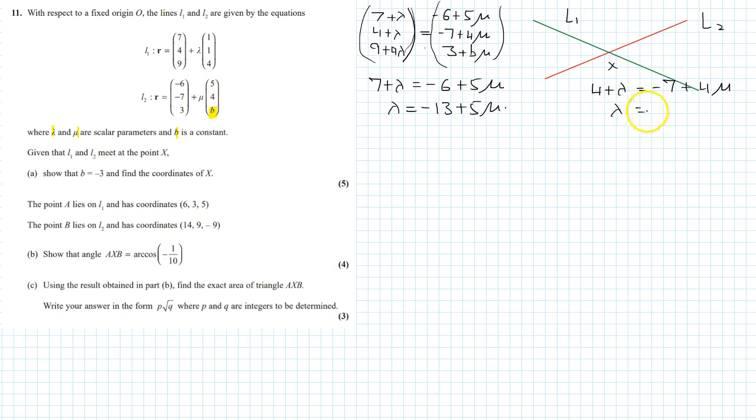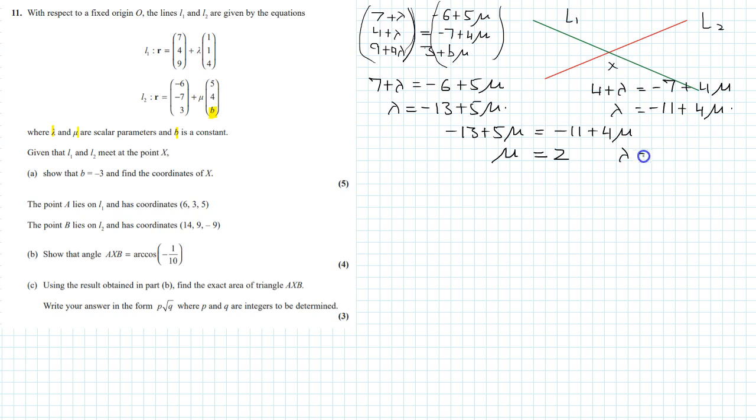So lambda will be -7 and -4 is -11 plus 4 mu. This is the value of lambda and this is the value of lambda, so they must be equal. So -13 plus 5 mu is equal to -11 plus 4 mu. This comes here, 5 mu minus 4 mu, mu is equal to 2.